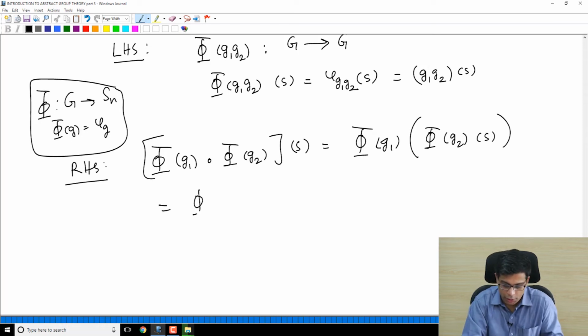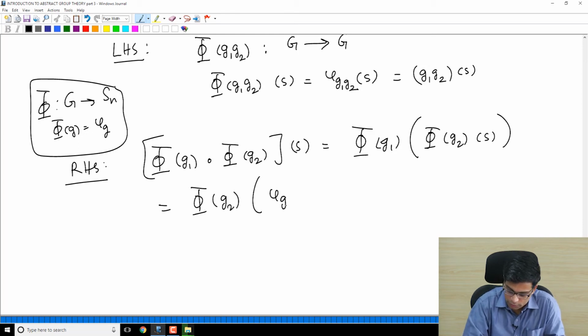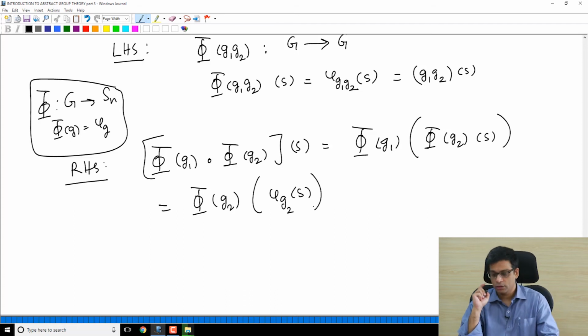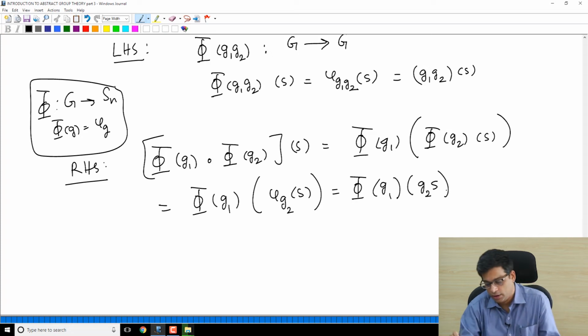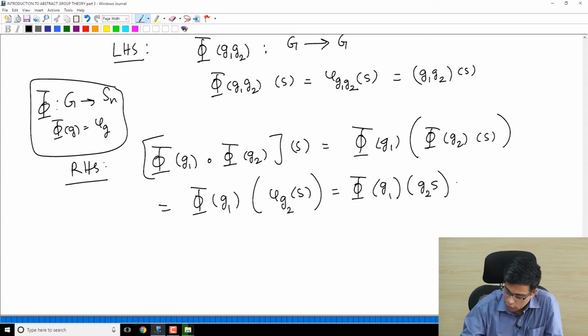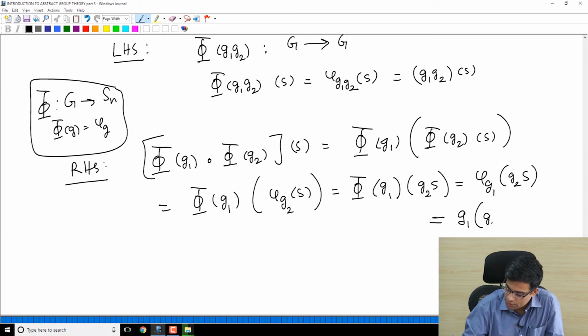But what is phi g2? Capital phi g2 is small phi sub g2. Small phi g2 of s is, by definition of small phi, g2s. But this is equal to phi g1 of g2s. And this is equal to g1 times g2s.